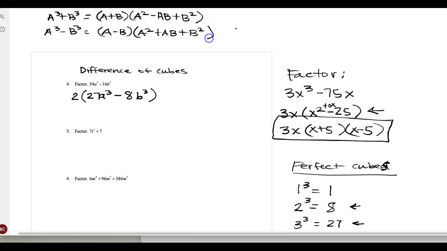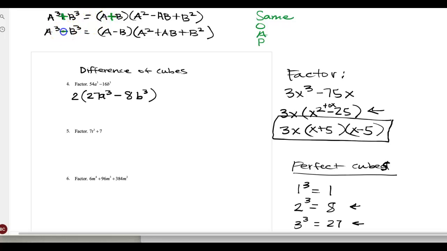And so there is a little acronym here that they tell us to always use, SOAP, when we're thinking about these sums and differences of cubes. And that's to help us remember the signs. So the S stands for same. So whatever was started off here, that plus, it's going to be the same, that first sign in here.